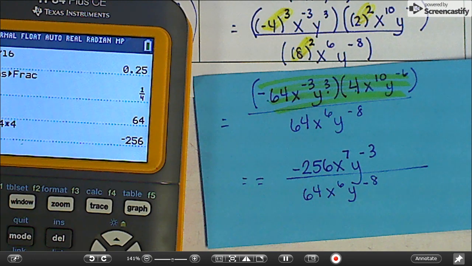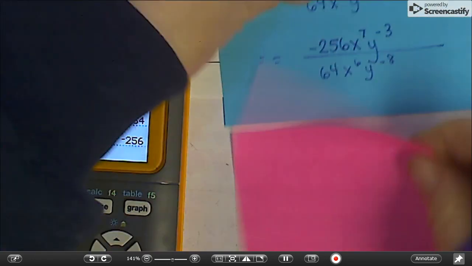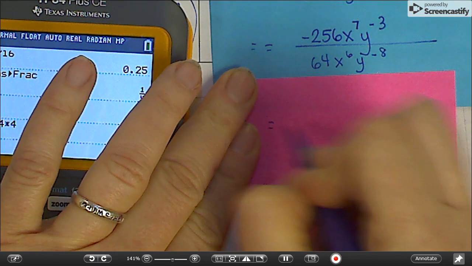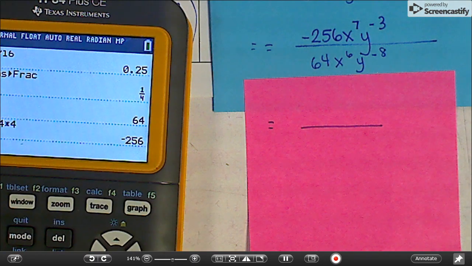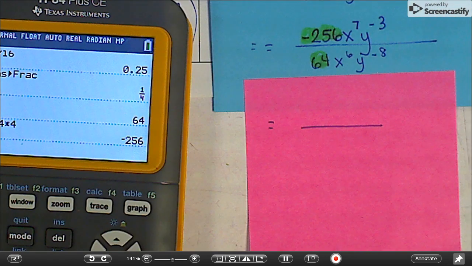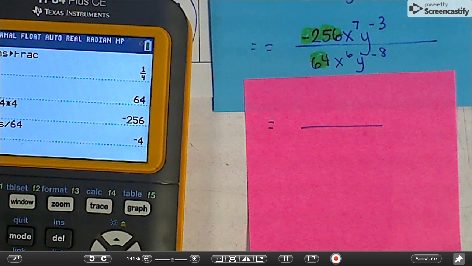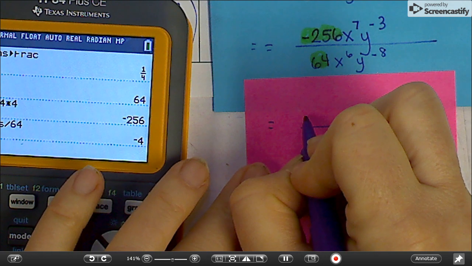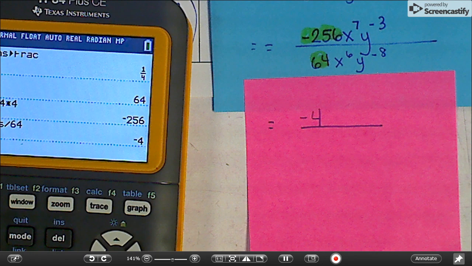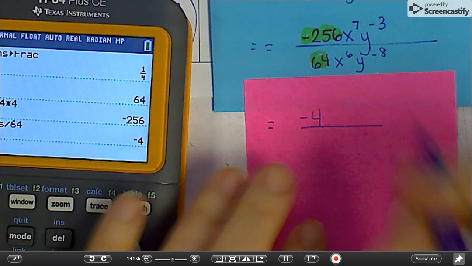And now we're down just to a division problem. When you divide with exponents, you divide the coefficients, which is going to be negative 4. Negative 256 divided by 64 is negative 4.